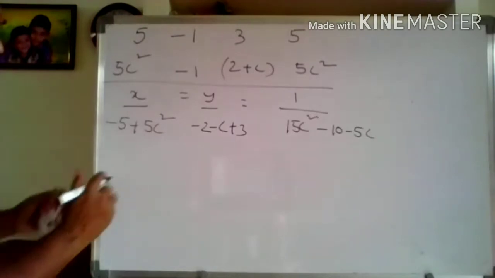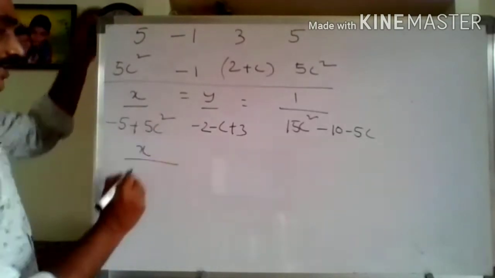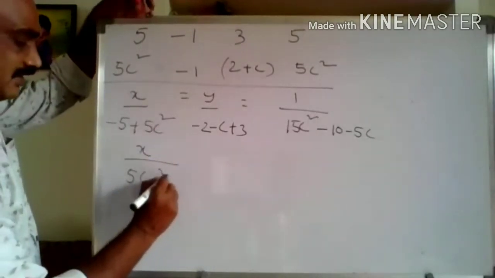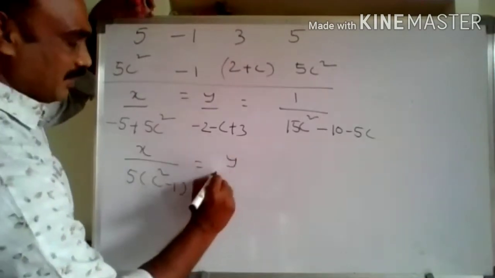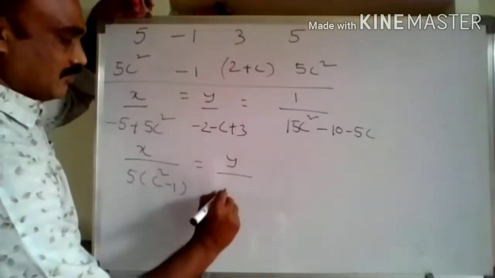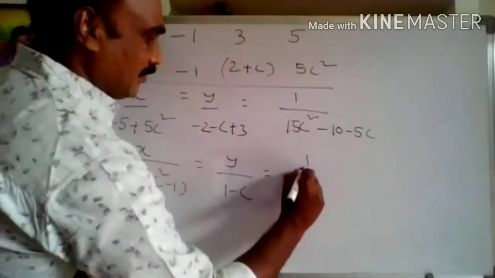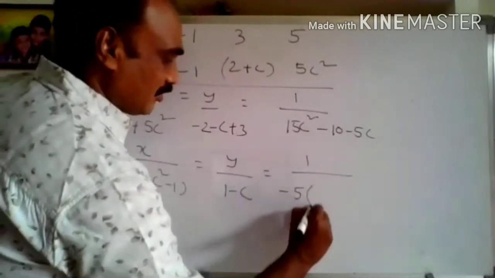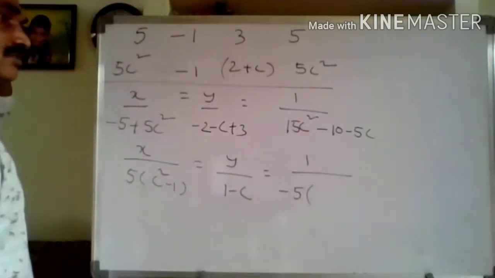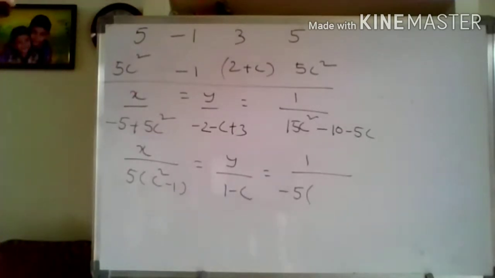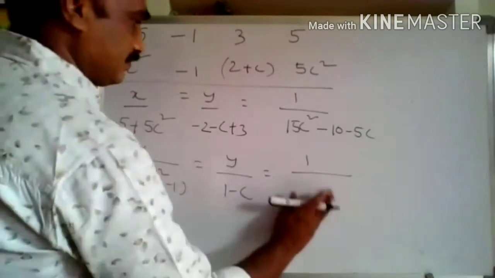Taking 5 common: x over 5(c² minus 1), y over (1 minus c).